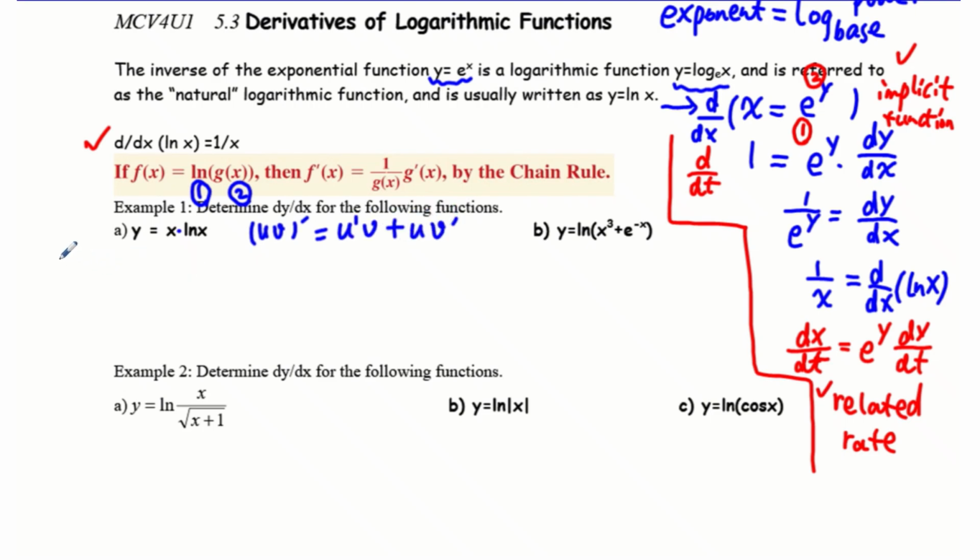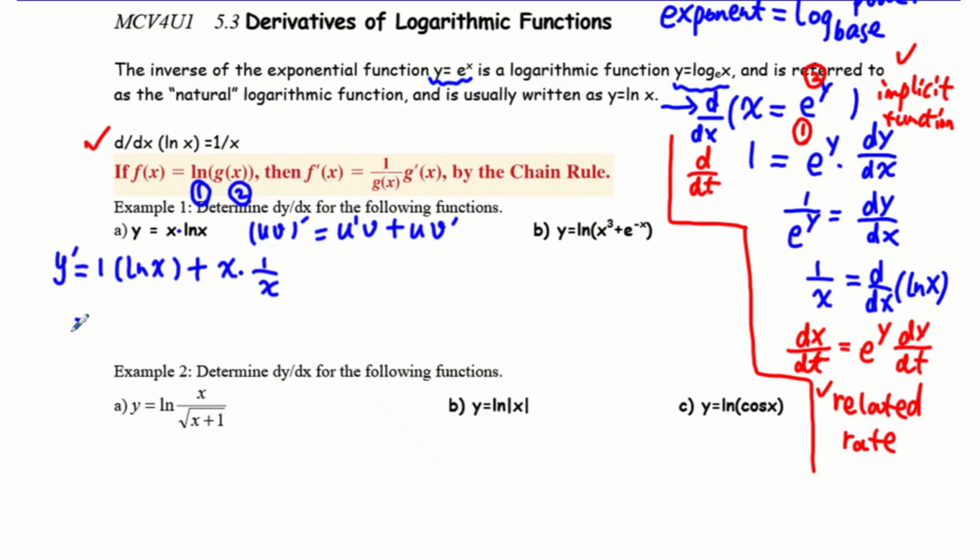So y prime equals x prime, which is 1 times ln x, plus x times the derivative of ln x, which is 1 over x.